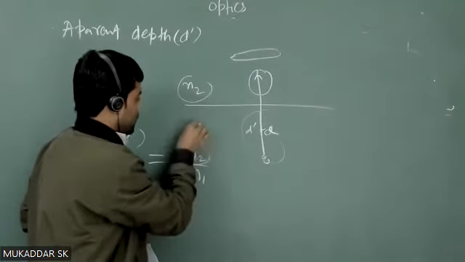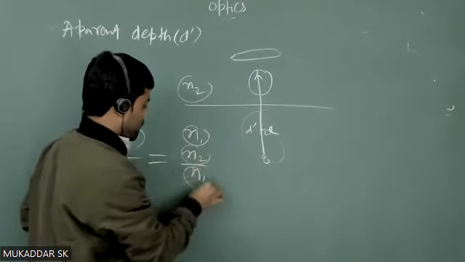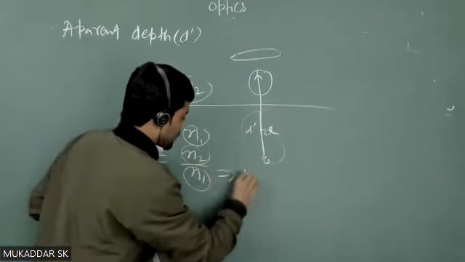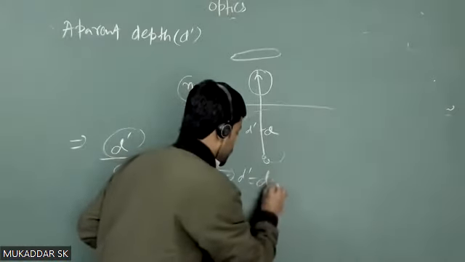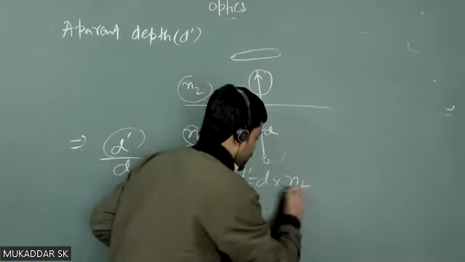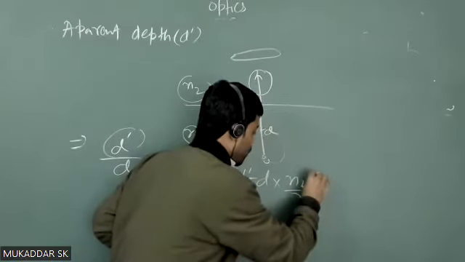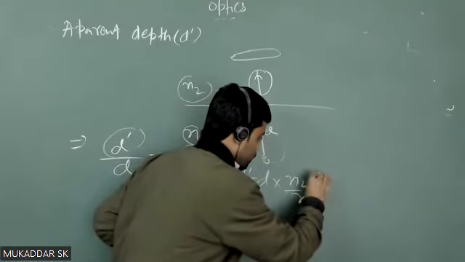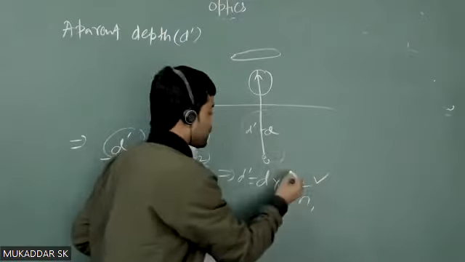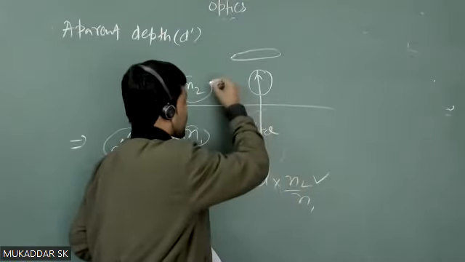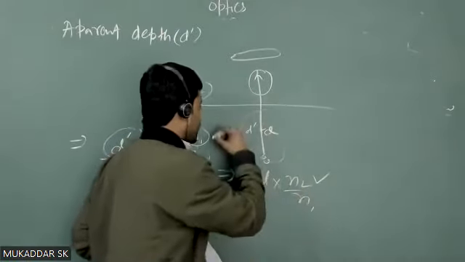This medium. और इसका रिफ्रैक्टिव इंडेक्स कितना है? n1 है. तो apparent depth d dash should be equal to actual depth into n2 by n1. n2 क्या है? You have to keep in mind that n2 is nothing but the refractive index of that medium जहां पे आपका रे आ रहा है, और n1 जहां से आ रहा है.